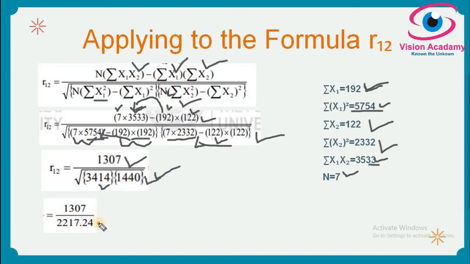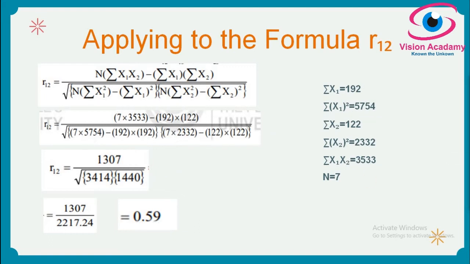Then I got 2217.24. In the next step I will divide 1307 by 2217.24, then I got the R12 value. R12 value is 0.59. So this is how I obtained the first value, R12.